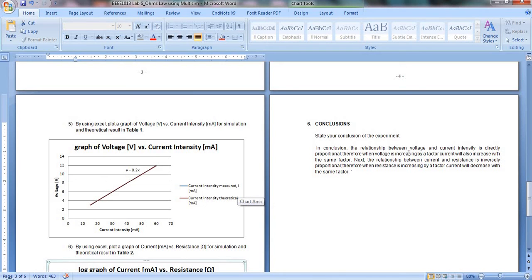Therefore, if the voltage is increasing, the current also increases by the same factor. Next, the relationship between current and resistance is inversely proportional. Therefore, if the resistance is increasing, the current will decrease by the same factor. That's all. Thank you.